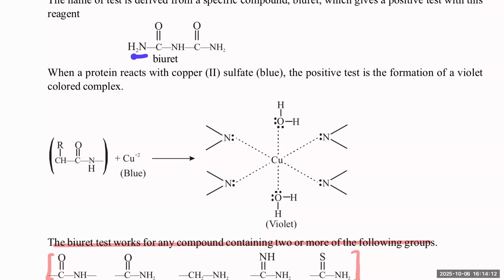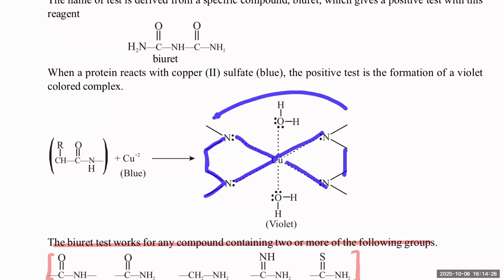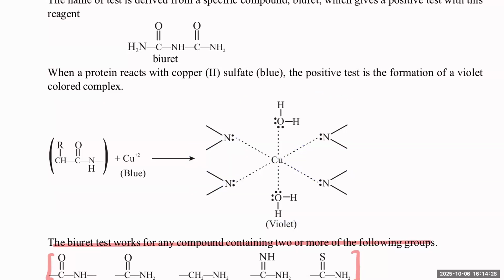So I should have NH2 and NH2, at least two of them, correct? Suppose it is interconnected, one from here, one from here. If it connects this way, and here, one from here and one from here, it connects this way, then it becomes violet color more precisely. Got it? So we should have NH2 type of groups, but at least two of them should be present.